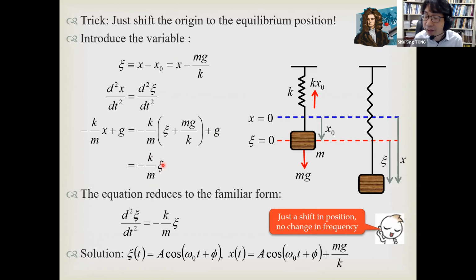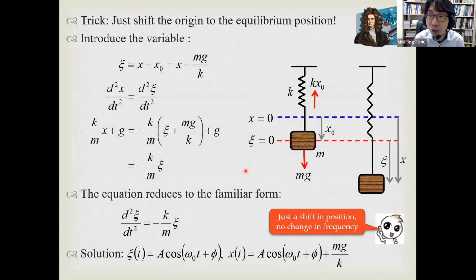By shifting the origin, I get rid of the constant term. This constant term eventually cancels if I express everything in terms of the new variable. So in terms of the new variable ξ, the equation is completely simple harmonic.